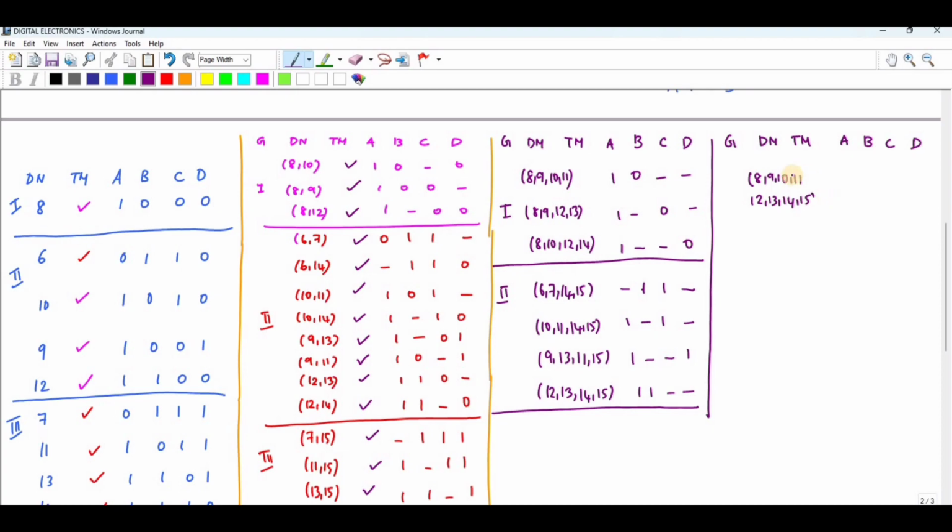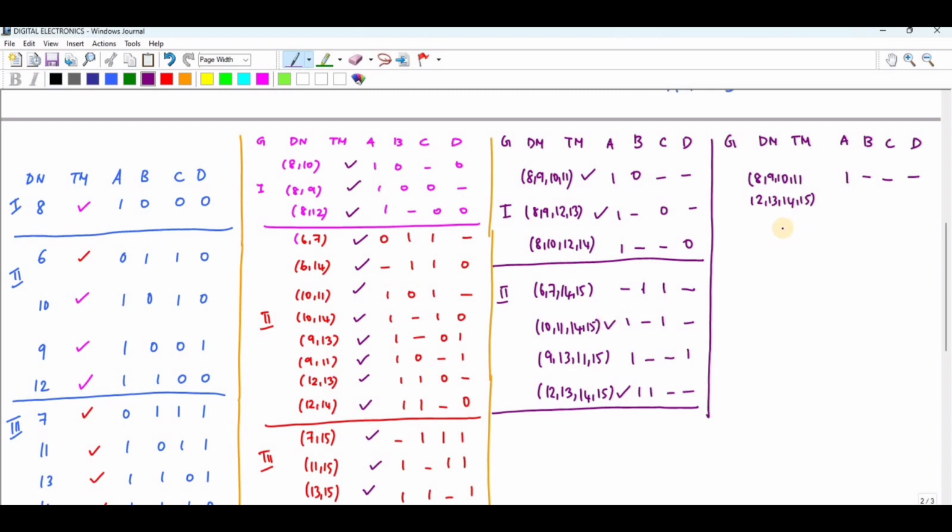If I compare these two elements, I will get 1 dash dash dash, right? So similarly I can choose 8, 9, 12, 13 and 10, 11, 14, 15, both are similar.